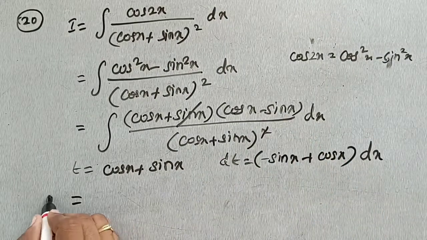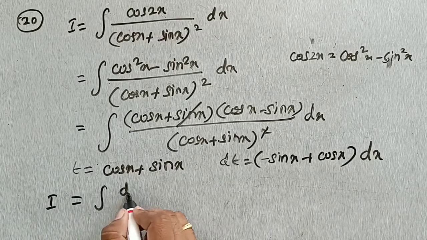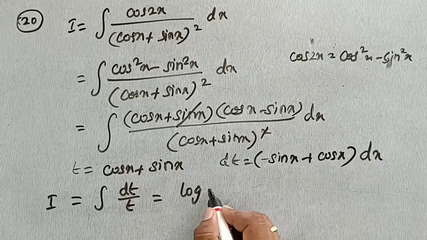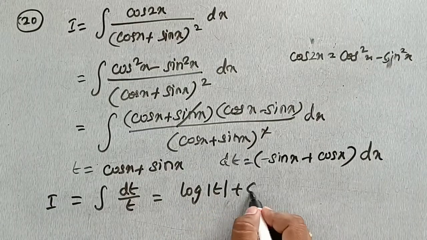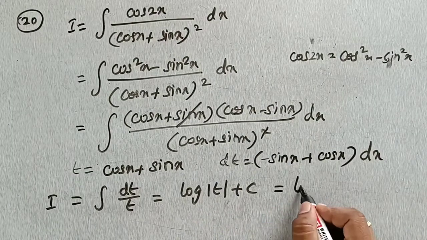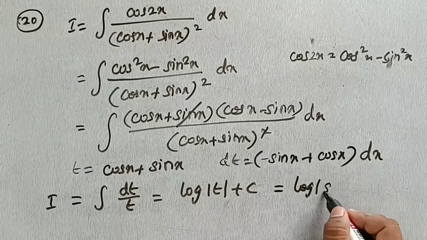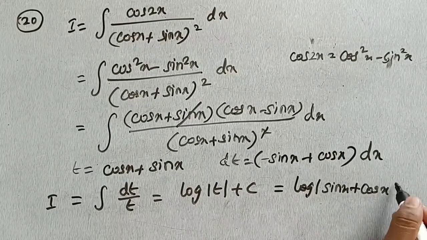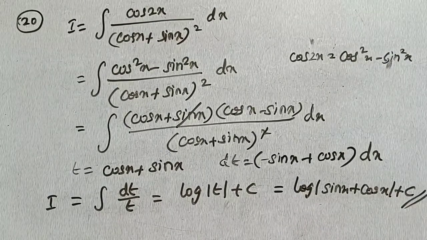So I can be rewritten as integral dt divided by t. Integral dt by t equal to log of modulus of t plus c. So substituting the value of t, what will come? Log of modulus of sin x plus cos x plus c.